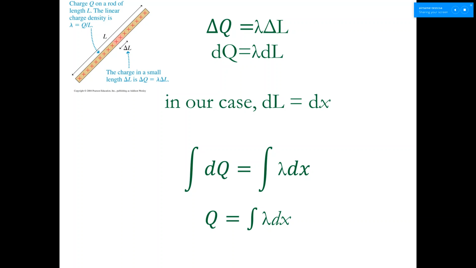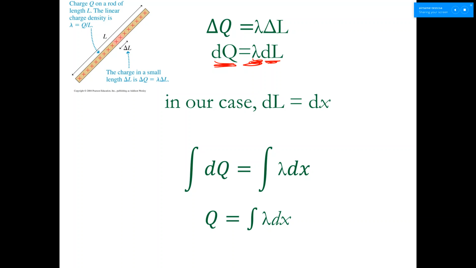Now we're getting into the integrals. So if I wanted to calculate a really small part of a charged object, that's where the dq is, right? I need to know the charge density of that small part, and the length of that small part.